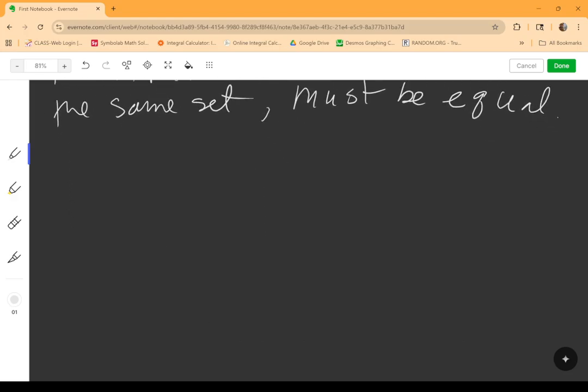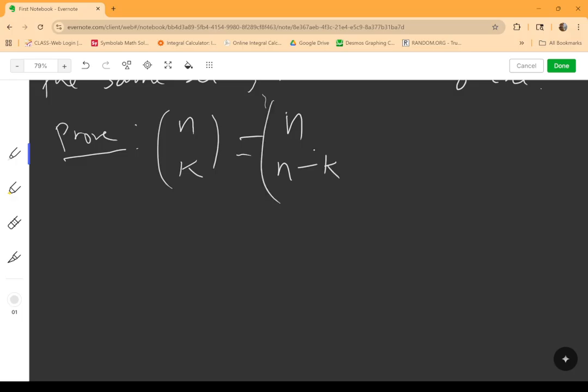Let's take a look. We'll build to Pascal's identity. Let's look at a simpler identity here. Prove n choose k is equal to n choose n minus k. Now let's relate this to a counting question.